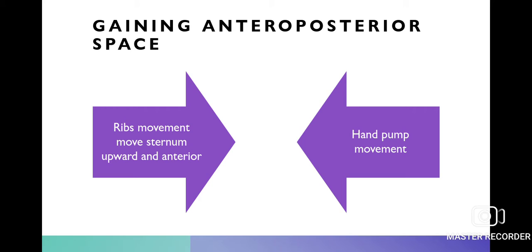The second way is how we gain the anterior-posterior space. In this method, the ribs move the sternum upward and anterior, and it is like a hand pump movement.